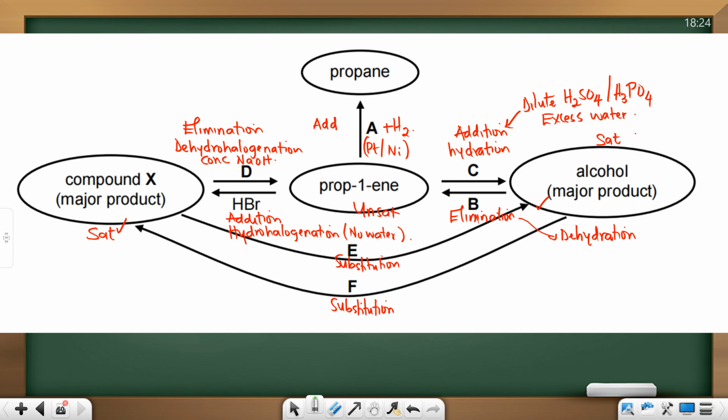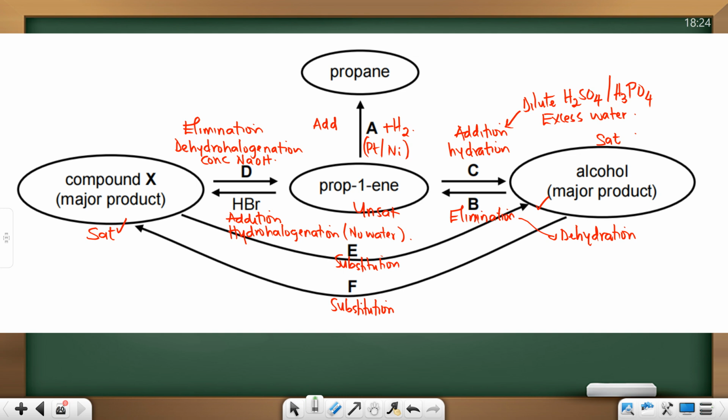When you eliminate, what do you do? You wrote it down. It's right there. When you are eliminating, what do you do? Concentrated strong base. You don't understand the note you wrote.